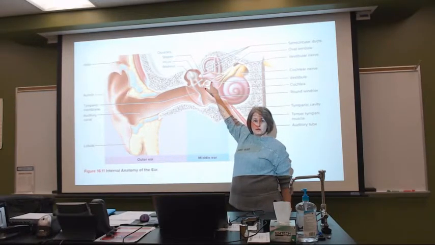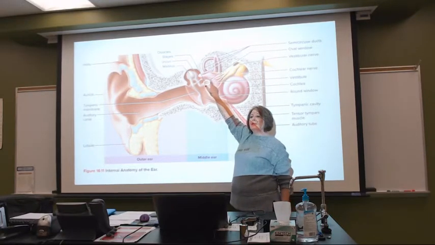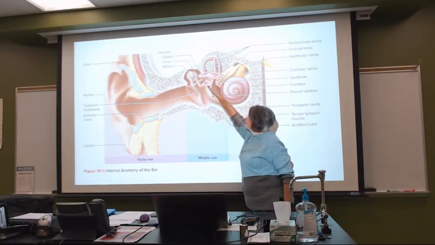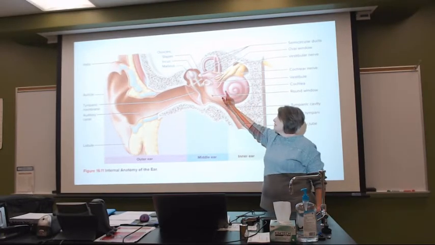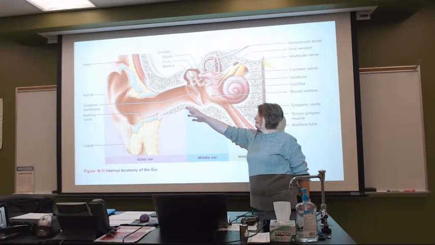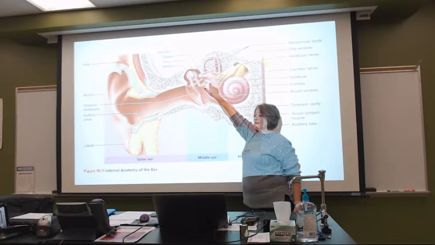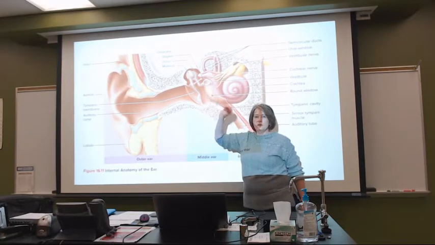Is everybody kind of following me? So now that's making a direct connection to these parts that are in my inner ear. So that vibration gets to come in, move the bones, and this begins to now knock on that oval window.